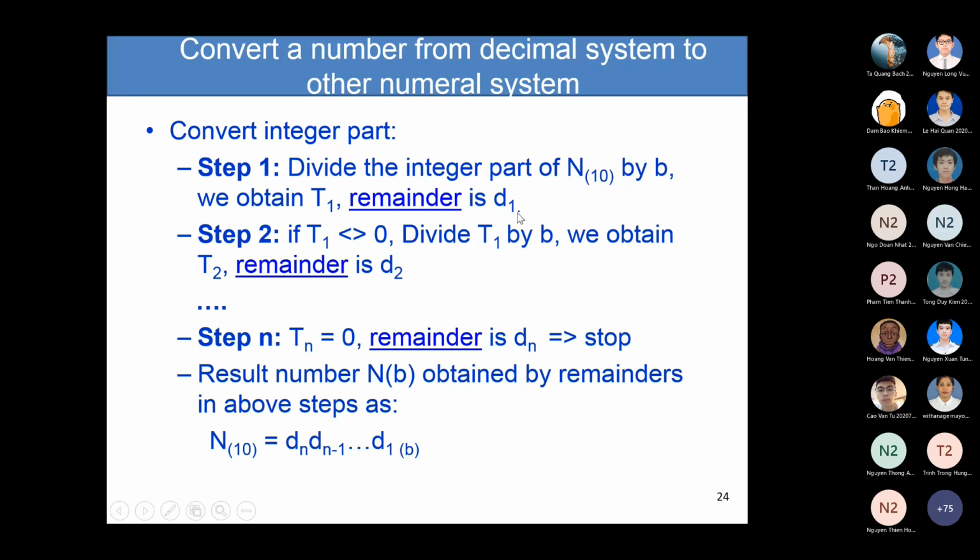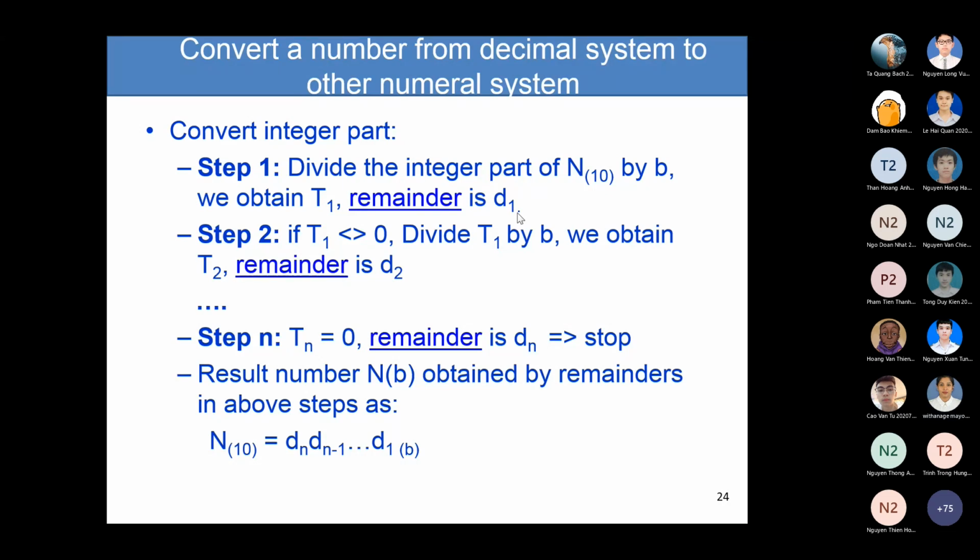If T1 equals 0, we stop. If T1 is different from 0, we continue to divide T1 by b, and again we obtain the result T2 with the remainder D2. Okay, and we continue until the result Tn equals 0 and stop.